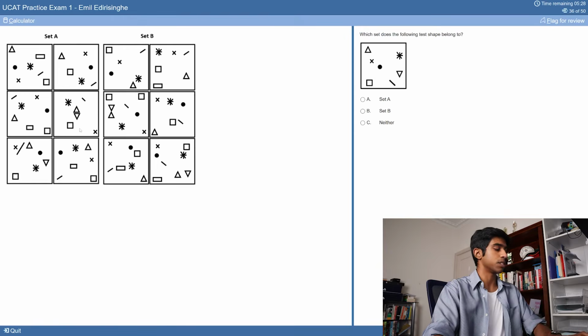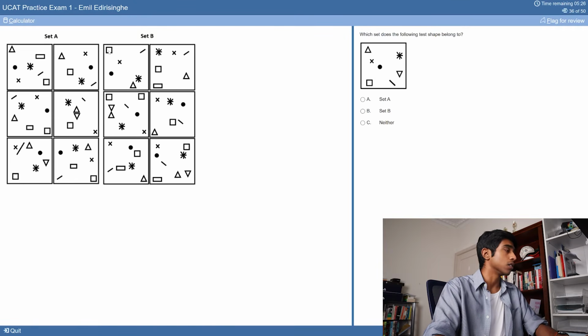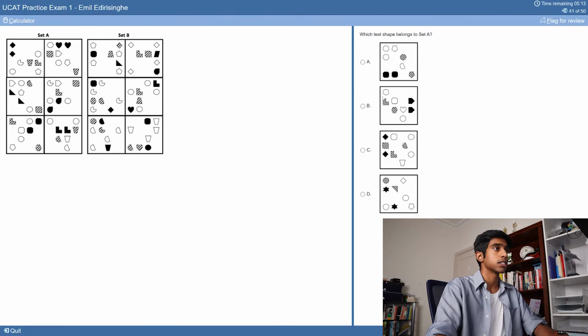Yeah, so the triangle is always above the square. And here you've got the square is always above the triangle. Yes, nice. Okay. So A, neither. Set A, set B, set A. Okay.